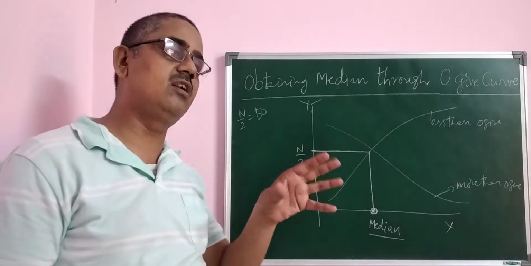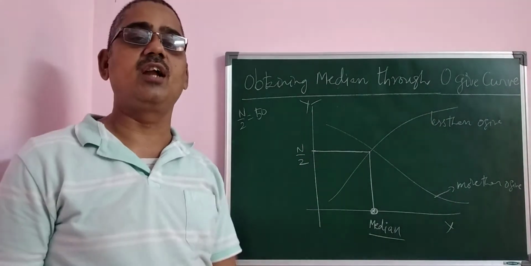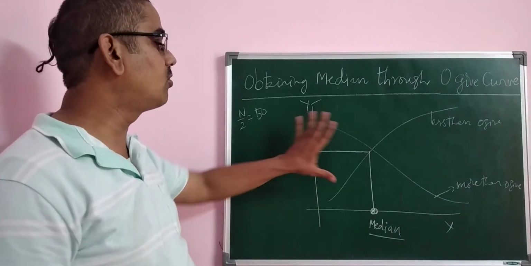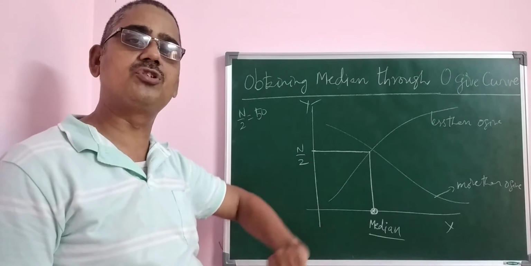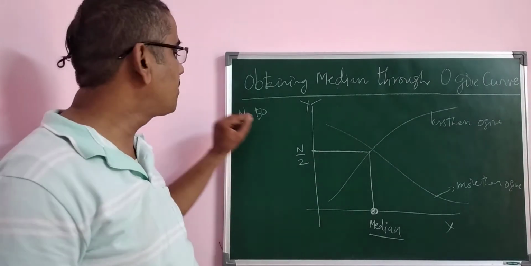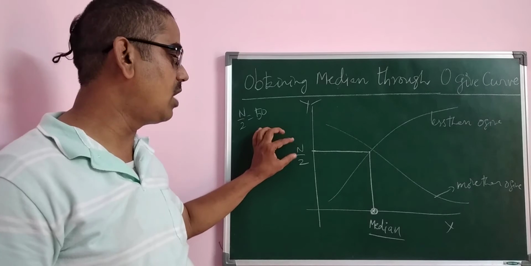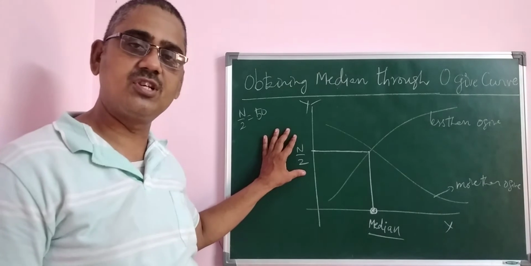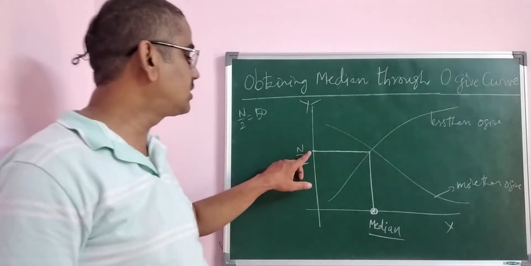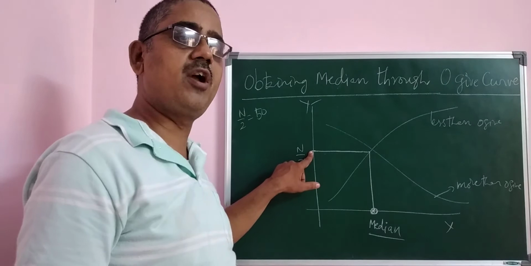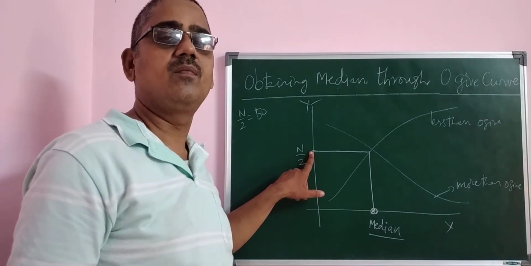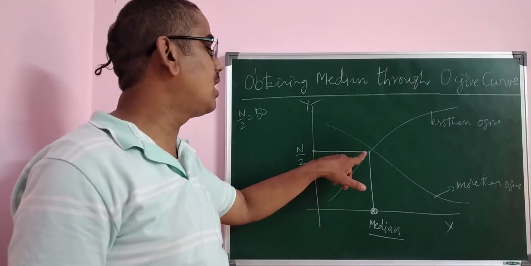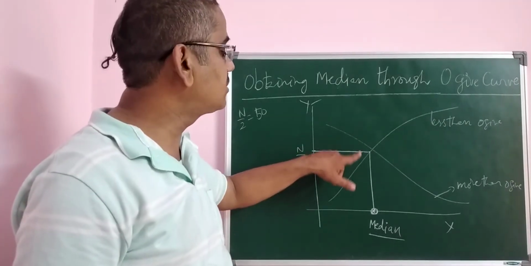Now, this is one kind of procedure. Another procedure, I tell you. Hope it is clear. You have to draw the less than Ogive and more than Ogive curves, and then make a point n by 2, frequency divided by 2, along the y-axis. Start from this point and draw a straight line parallel to the x-axis which meets the Ogive curve, either one or both.